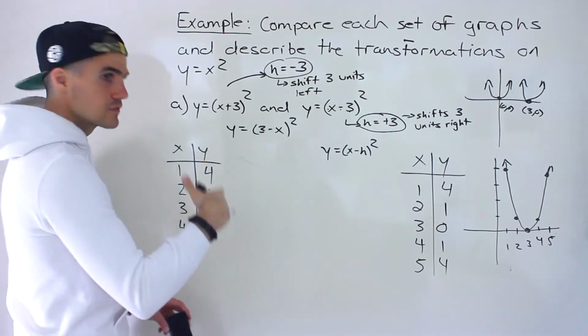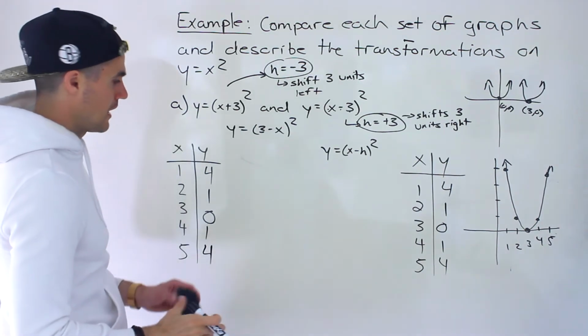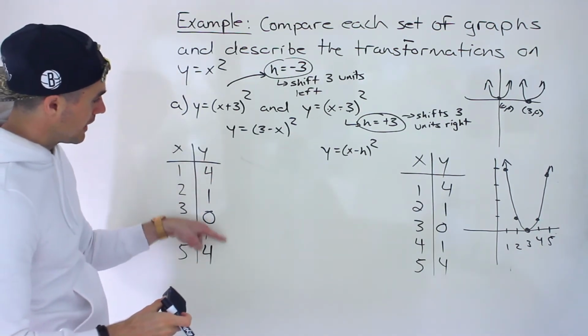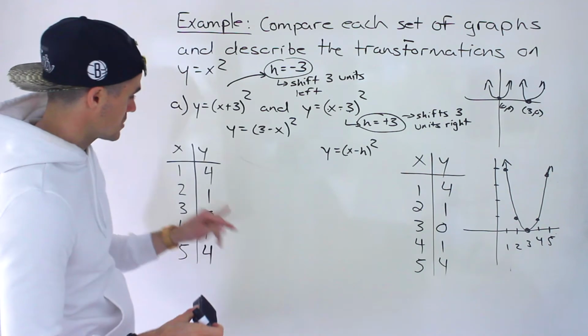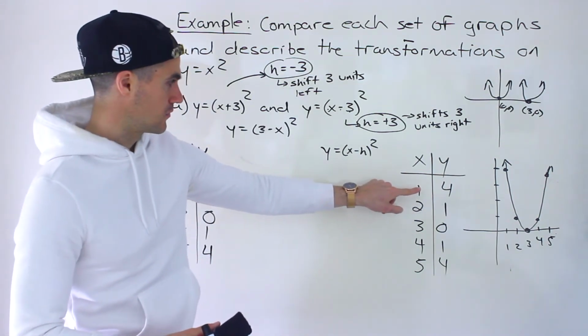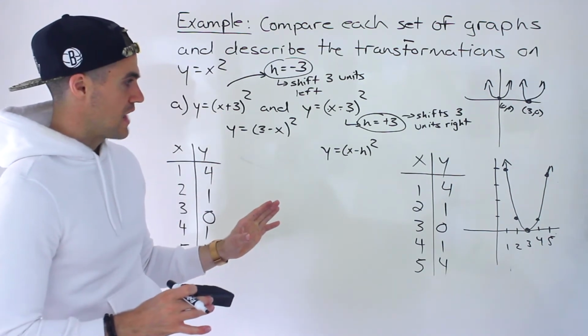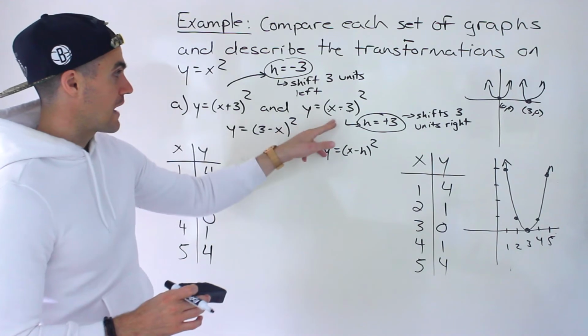Then 3 minus 5, negative 2, to the power of 2 gives us 4. And so notice that we are getting the exact same y values for these x values as over here. Okay, so we can be pretty confident that it's the same graph that we're dealing with.